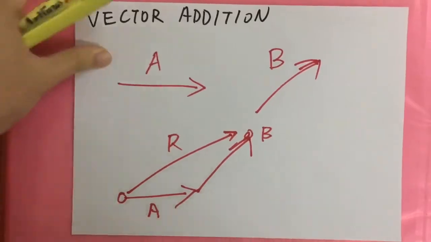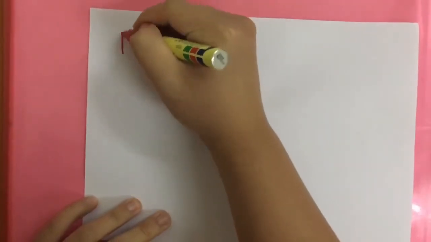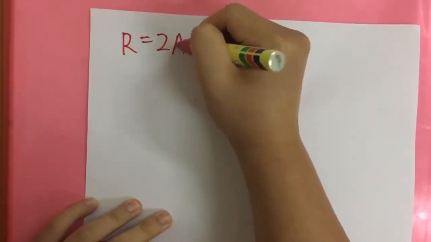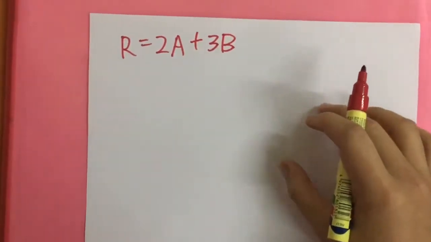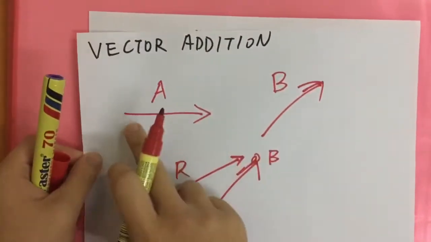So I have another example. Let's say we have the resultant equal to 2A plus 3B. Referring to the previous graph, A is this length and B is the 45 degree vector.